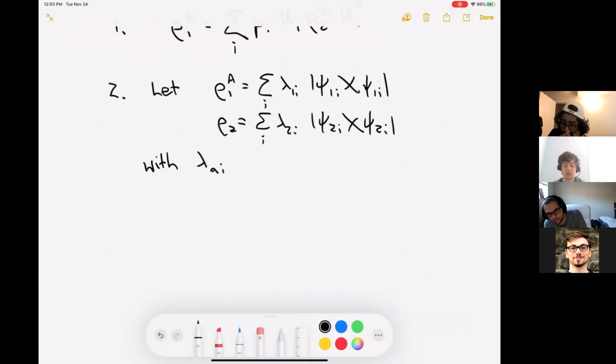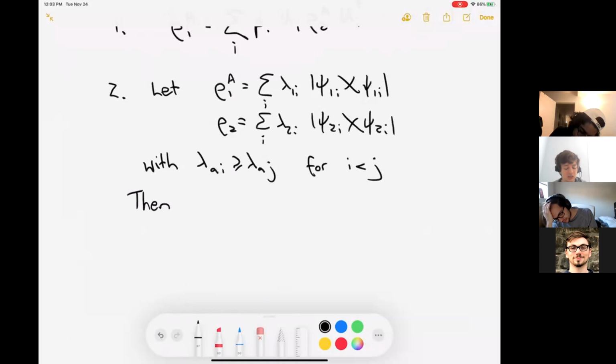Let's assume that we've written these eigenvalues lambda in decreasing order. So i equals 1 is the largest eigenvalue, i equals 2 is the second largest eigenvalue, and so on. So as i gets bigger, lambda i gets smaller.